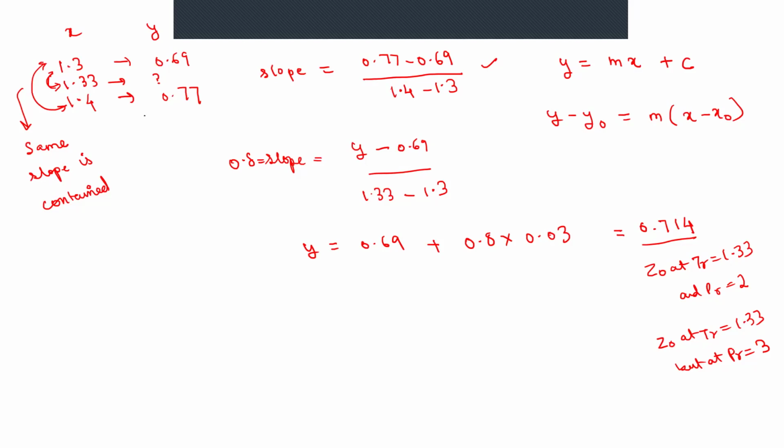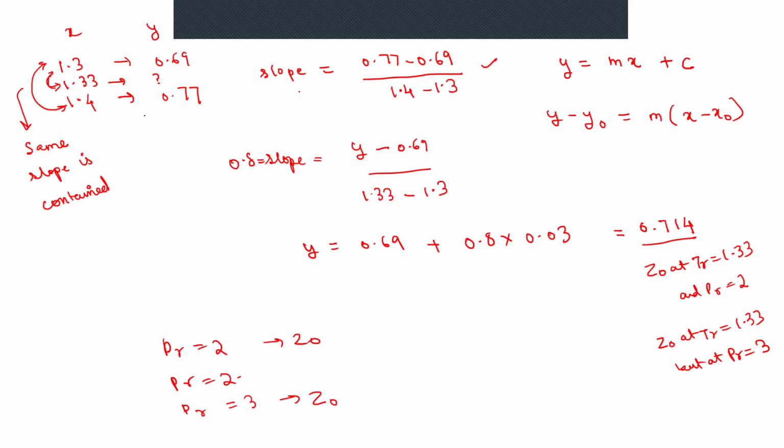So, how will you approximate? At PR equal to 2, you will have a Z naught, and at PR equal to 3, you will have a Z naught. What we want to know is at PR equal to 2.4, what is the Z naught?